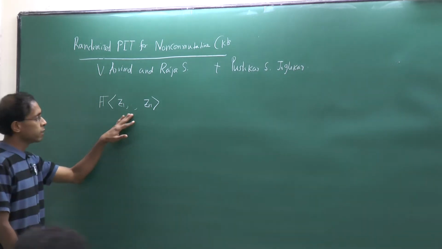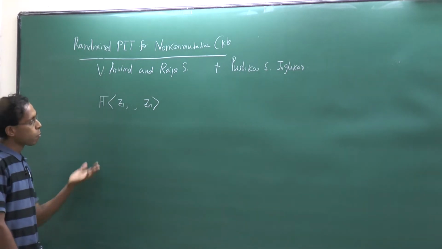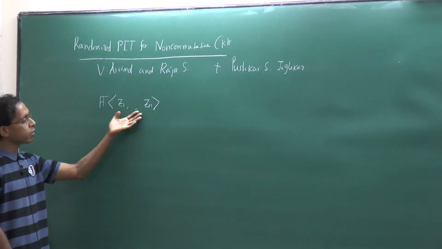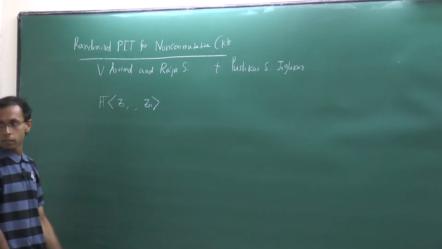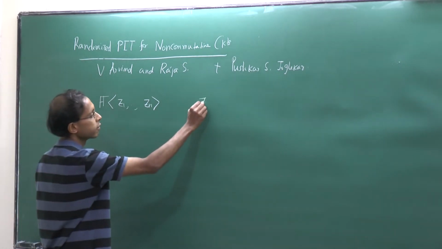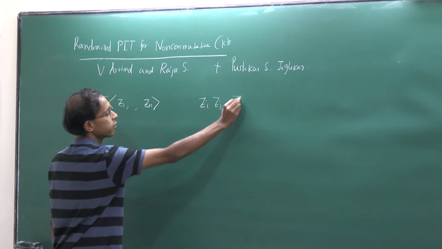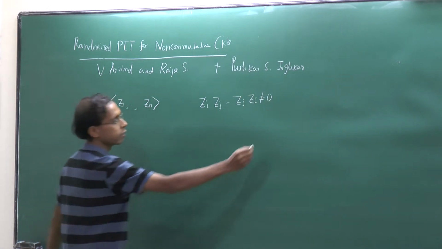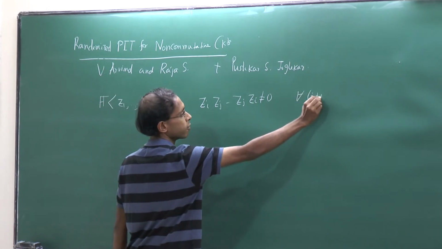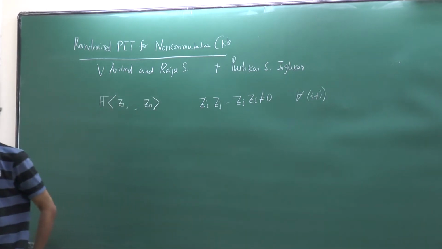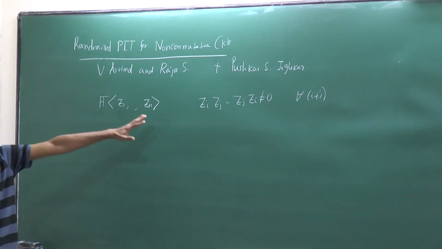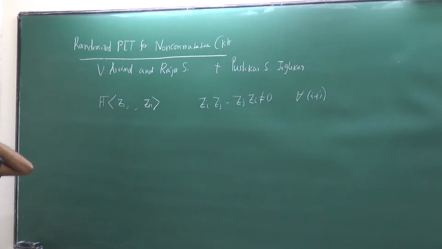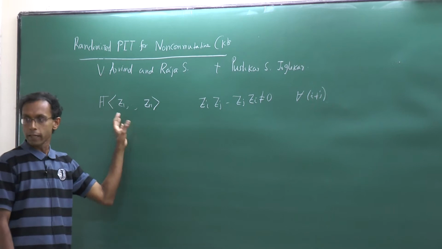So what do I mean by this non-commutative polynomial ring? It is just scalar combinations of formal words over z1 to zn. In particular, zi zj minus zj zi is non-zero in that ring for all i not equal to j. For the commutative ring, these relations are trivially 0, and that's the difference with the standard commutative computation: variables do not commute, but the field is a standard field.